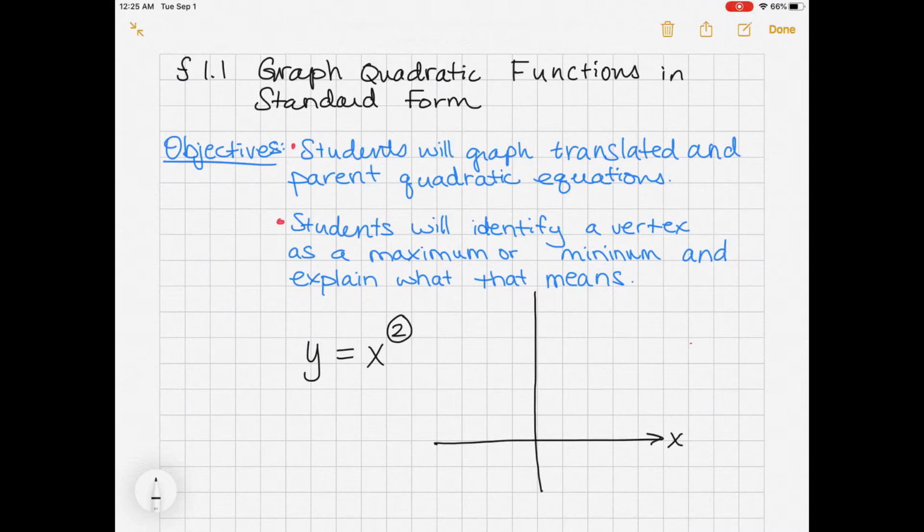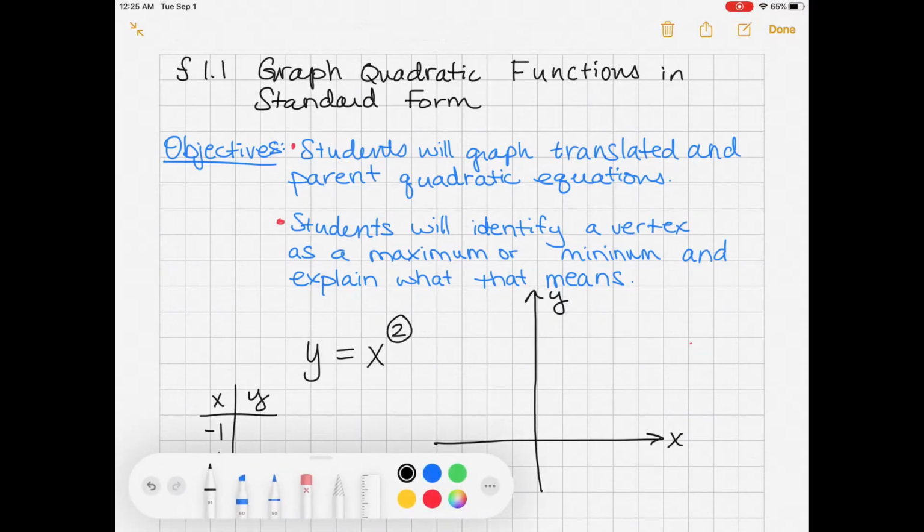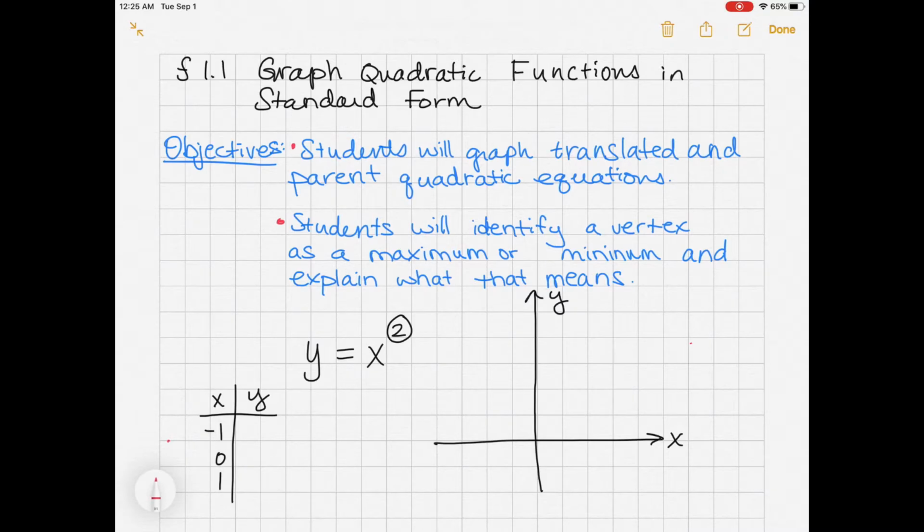Here's our x-axis and here's our y-axis. If we were to make a little chart over here for values of x and y, let's just pick a few values for x. If I chose 0, 1, and -1, then for 0, y equals 0 squared, which is just 0.